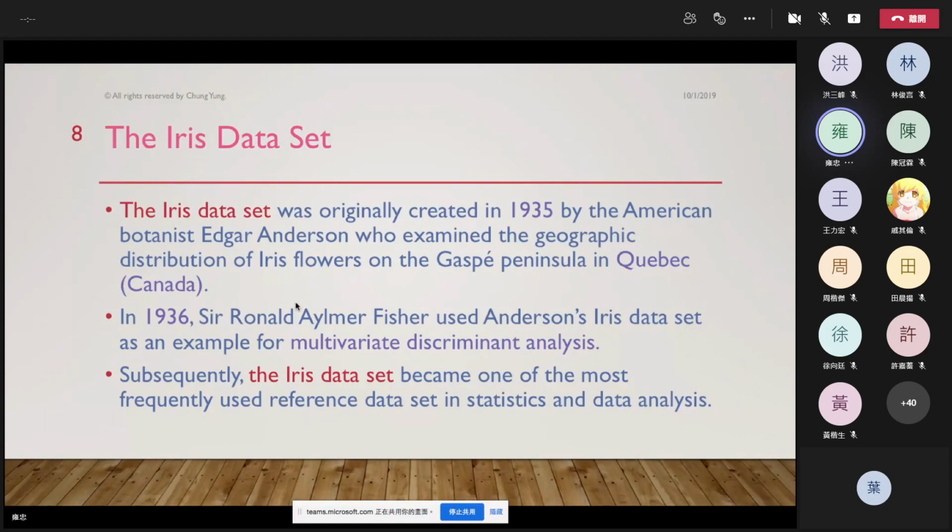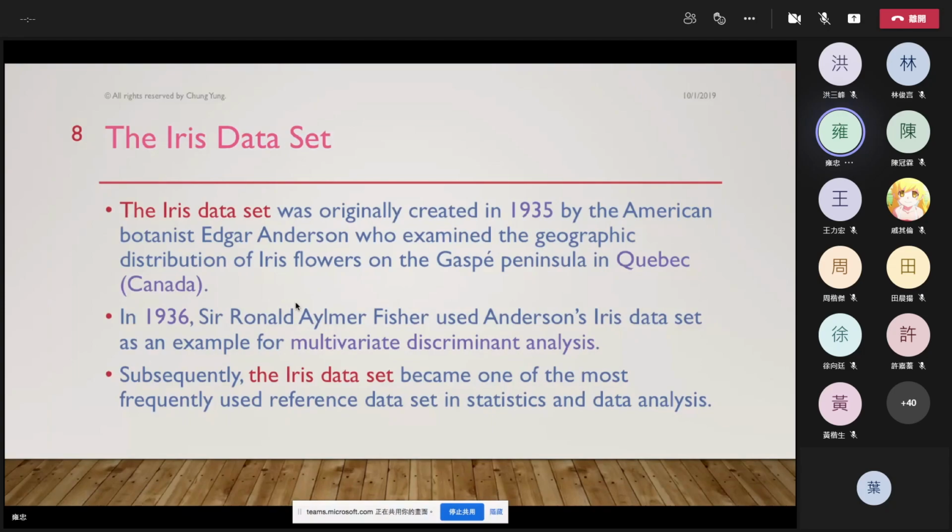In the beginning, it was just a record kept by Edgar Anderson. It got popular later on. For example, in 1936, Sir Ronald Aylmer Fisher used Anderson's iris dataset as an example of multivariate discriminant analysis.